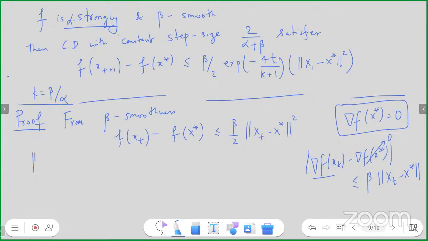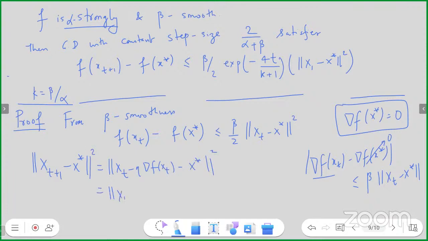So what is the interesting thing I want? Xt plus 1 minus x star. By definition, this is nothing but xt minus eta del f of xt minus x star. So let's take the squares again.